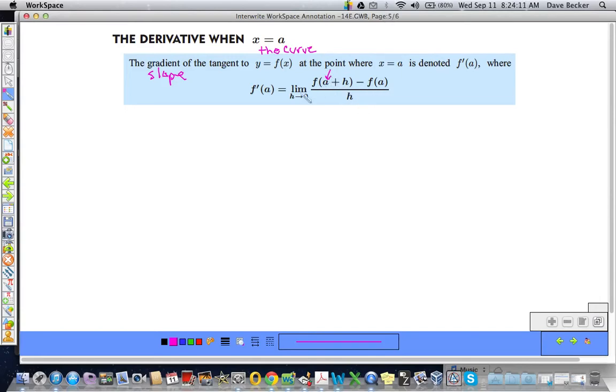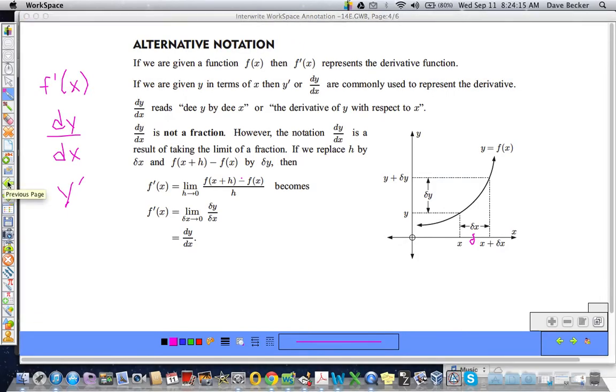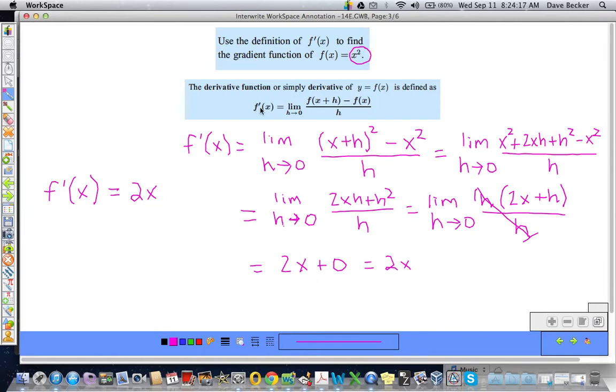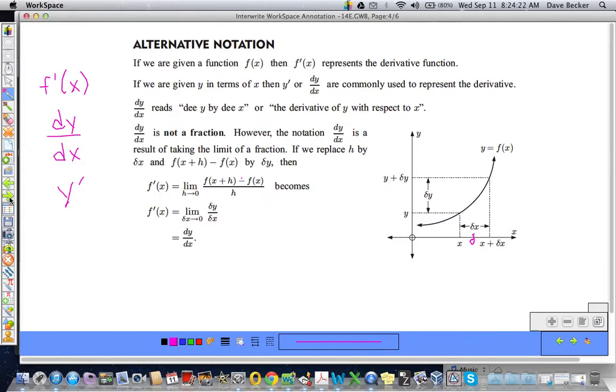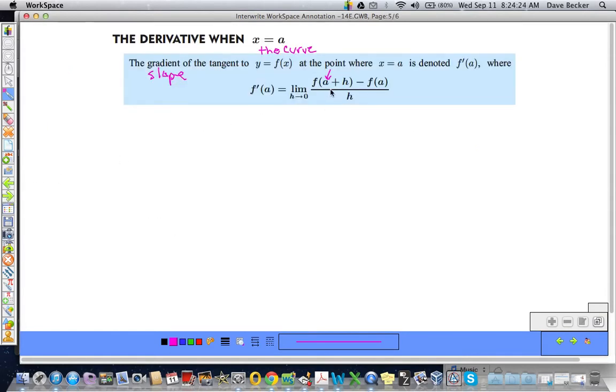All that has changed is that instead of x, we know what the value of x is. That value is a particular value a. And still h is approaching 0.